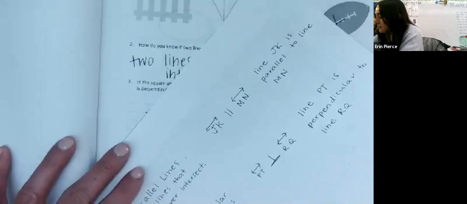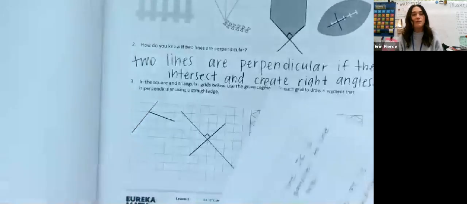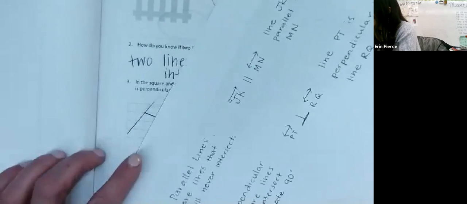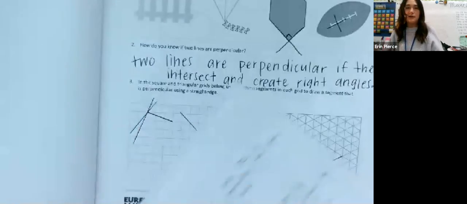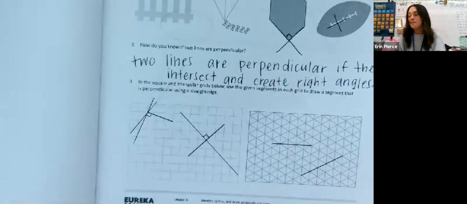Maybe on this one, I just go over here. This is just some practice time to make some right angles. Now, Mrs. Pierce did not make a right angle there. She would actually have to move her paper a little bit. And then it looks like a right angle. See, I had to practice and do it again.